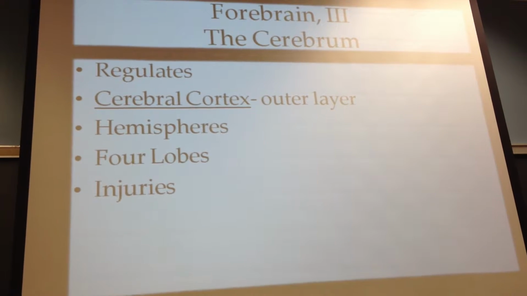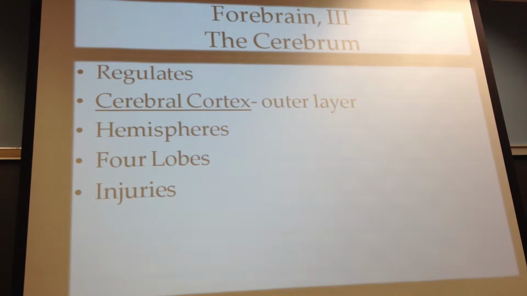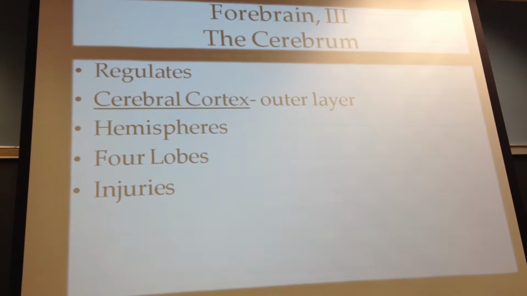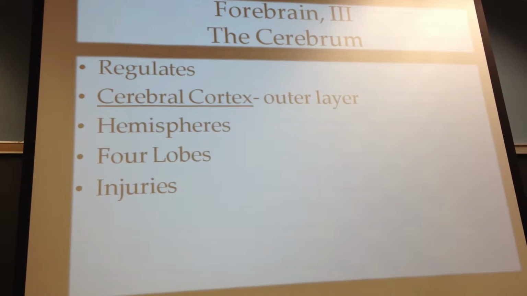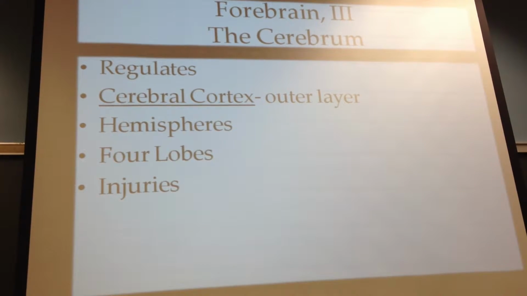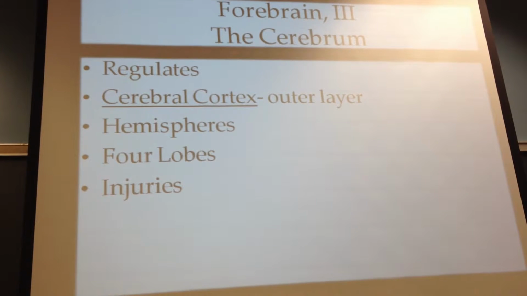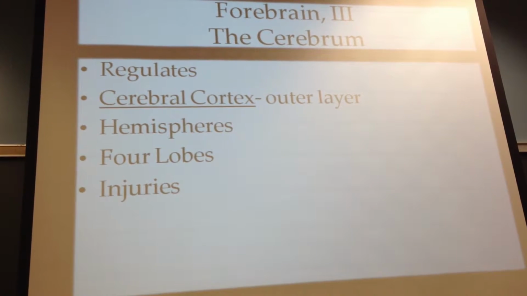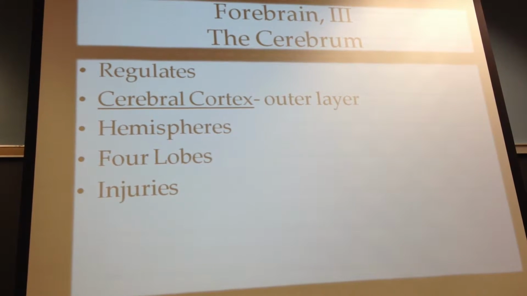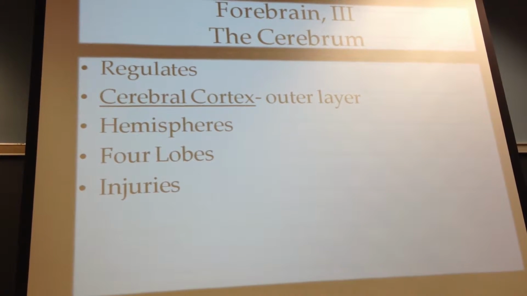The cerebrum is regulated by learning, remembering, and thinking, and it has the cerebral cortex, which is very large in surface area, covering the whole base of the cerebrum. It is split into two hemispheres, or halves, which are connected by the corpus callosum, and it's split by different brain tissues.